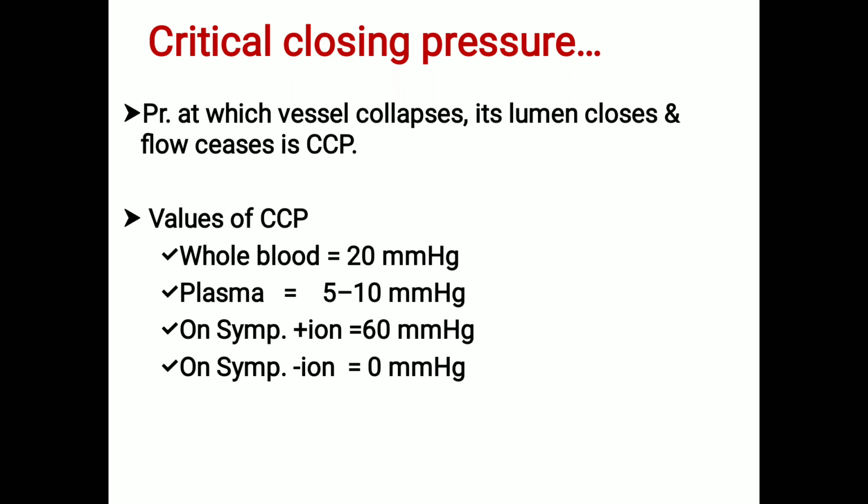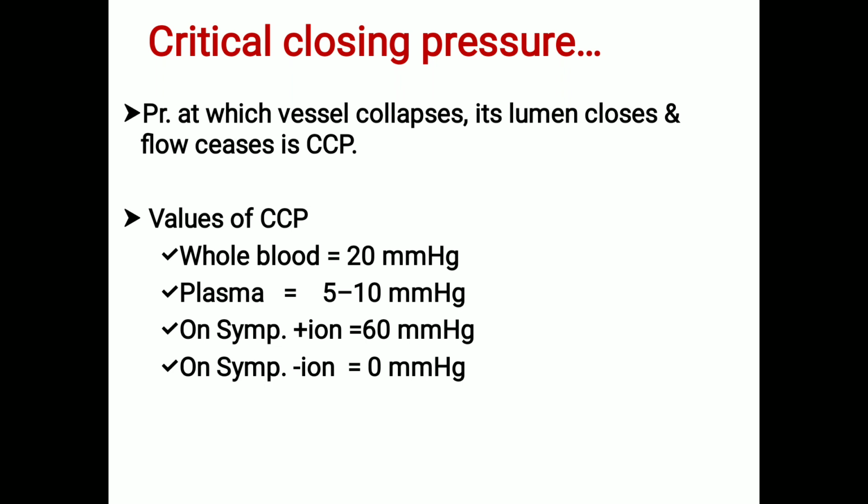So this is the relationship between resistance and the radius. One thing you need to know: R is inversely proportional to the fourth power of the radius of the arterioles.